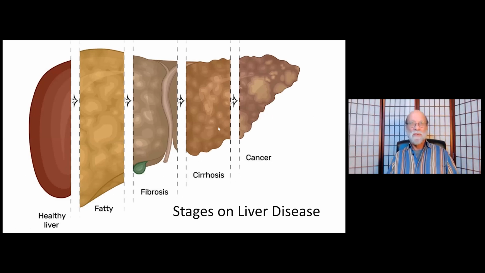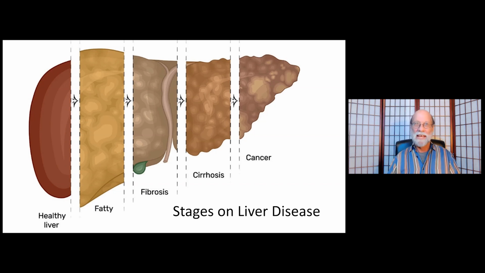So in terms of this idea of liver disease, one of the key concepts we have is this idea of a common pathway, that healthy liver usually goes through these stages. And some of these stages take years or decades to develop.